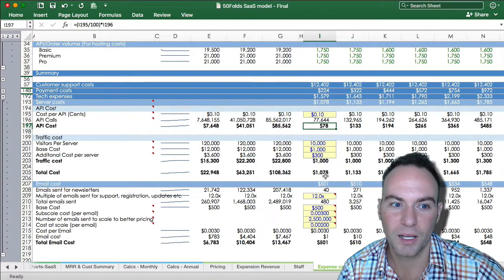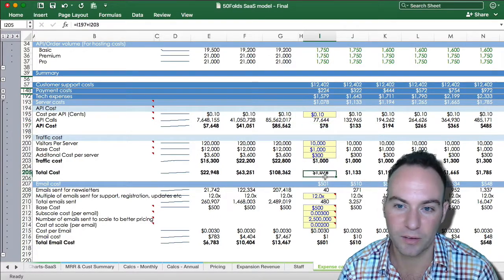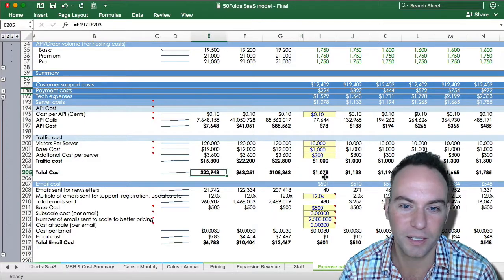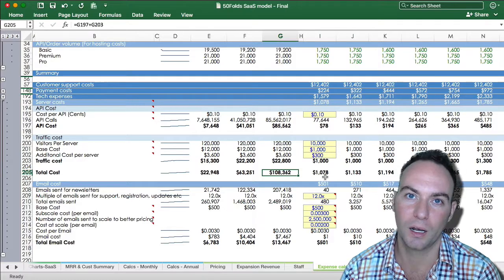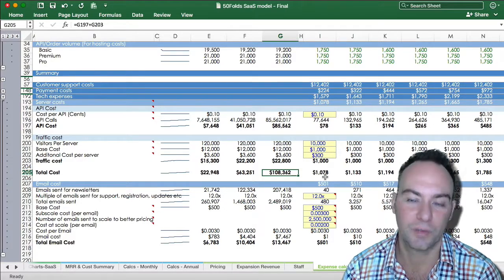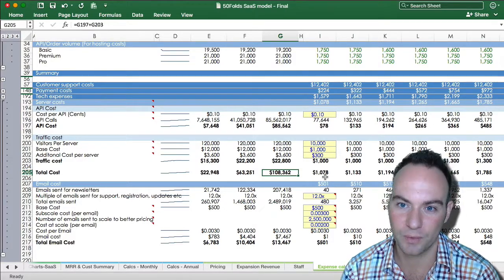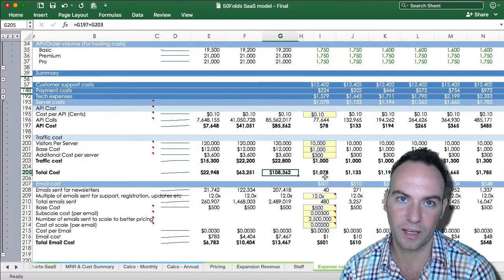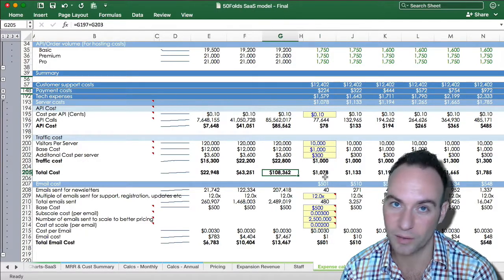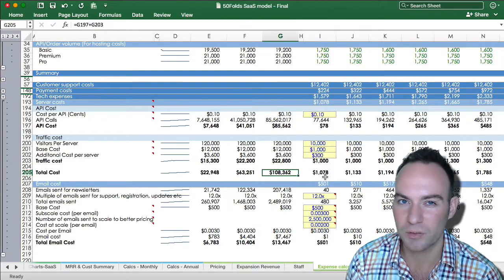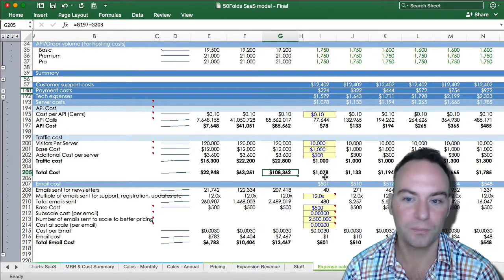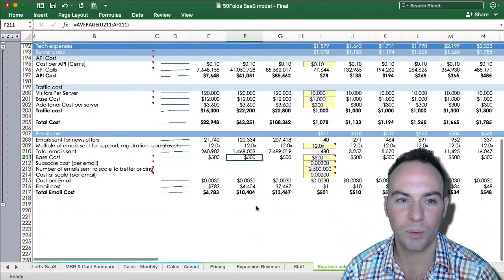Add these two up and we're now spending $1,000 a month or 22,000 a year, 60,000, 100,000. Depending on your business, you'll be spending a lot more or significantly less. This is really important. So fiddle with these how you like, restructure it if it makes more sense. But I've tried to make this easy for you just to populate and have some sort of a logical approach to doing that. Now, the final thing we're going to deal with is email costs.